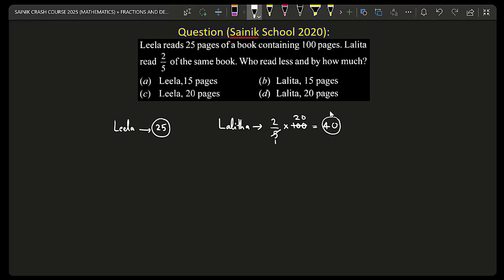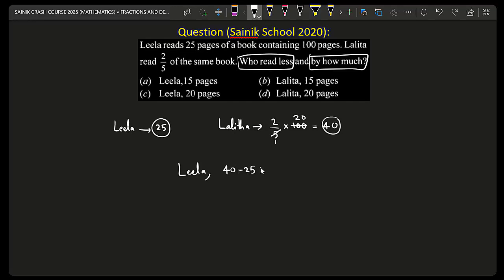Now they're asking who read less? Who read less, first question? Sir, Leela. So you should say Leela. Leela read less. And they asked by how much? How much less did she read? The difference is 40 minus 25.